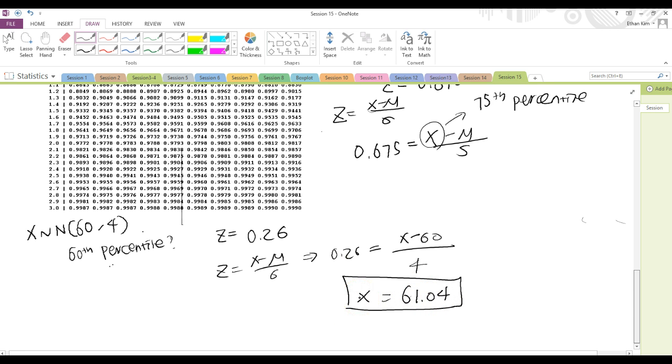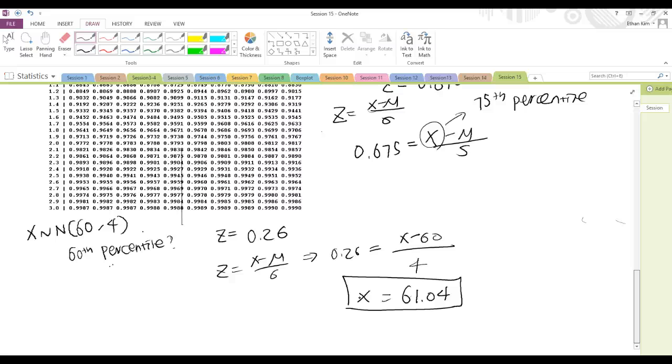Right, so that's the answer. Alright, so that's how you would determine percentiles.